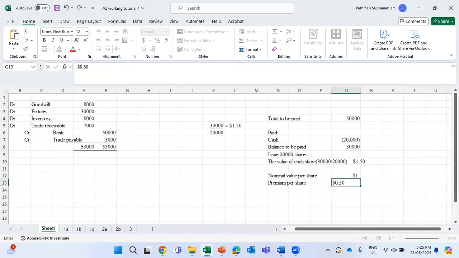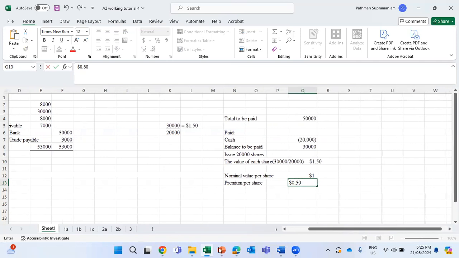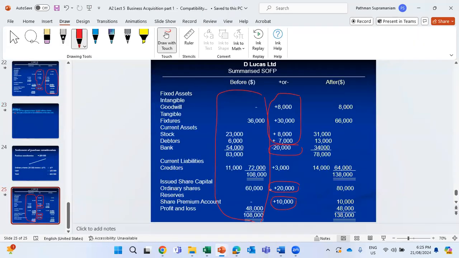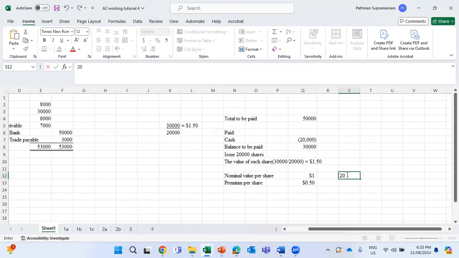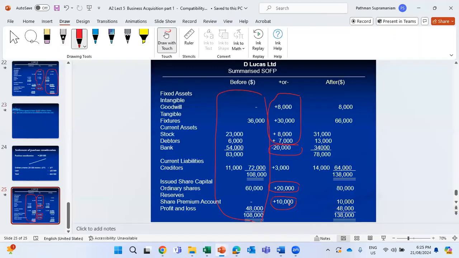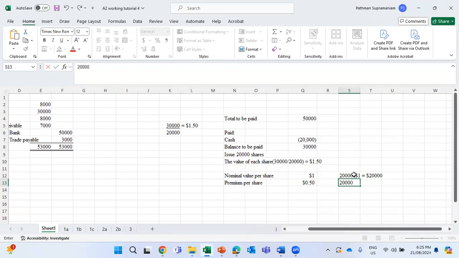So how did I get the capital 20,000? It is the number of shares issued times nominal value per share. And how did I get the 10,000 share premium? It is the number of shares issued times premium per share. That's all.